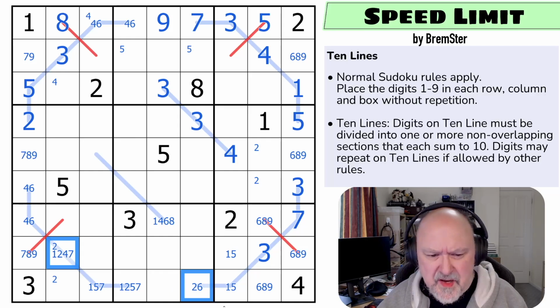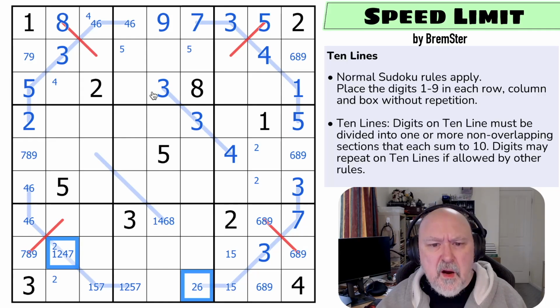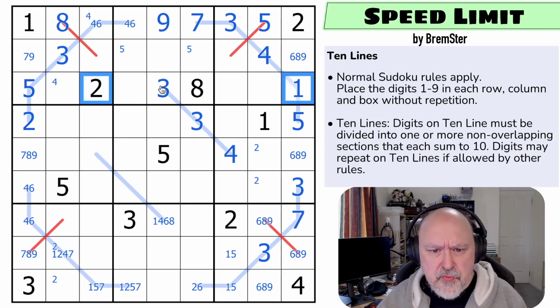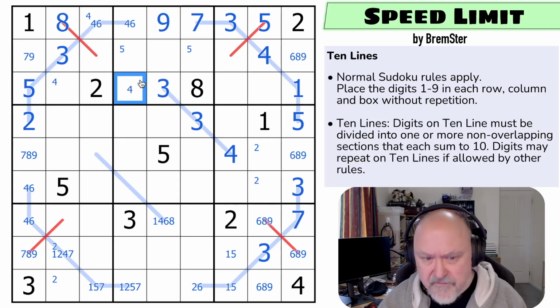So we'd have 2 and 2. That's only a 4 or a 6. 1, 2, 3, 4, 5, 6, 7, 8, 9. This is only a 4 or a 6, giving me a 4, 6 pair.